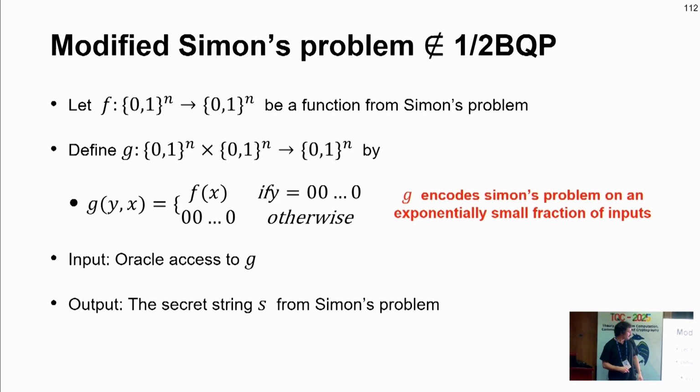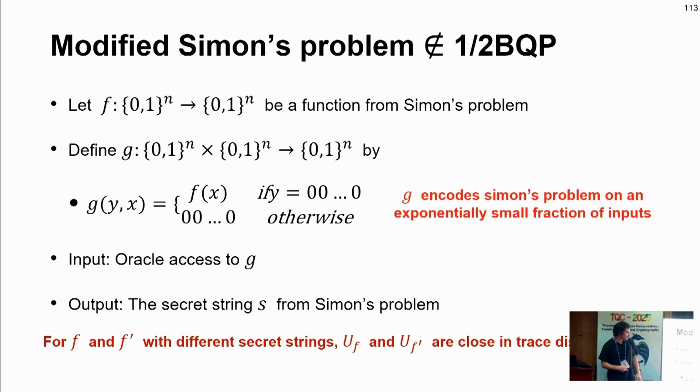And as a consequence of this claim we just showed, half BQP can't even access that piece of the subspace, can't even distinguish if it's, say, the constant function from this modified Simon's problem.